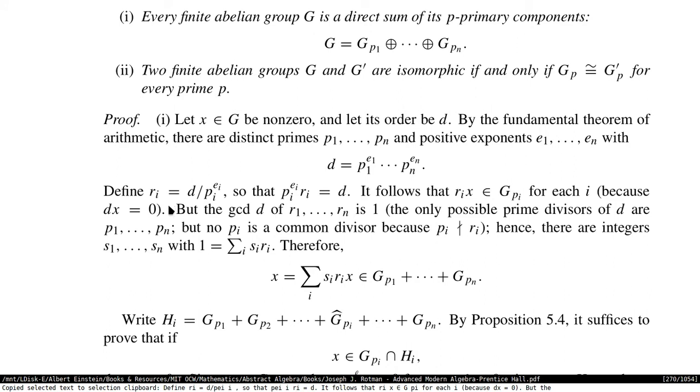So now, your ri x is in the pi-primary component of G. The GCD of all the ri's here is 1, and that is because the only possible prime divisors of d are the primes that you get from the decomposition, the n primes that you have here.